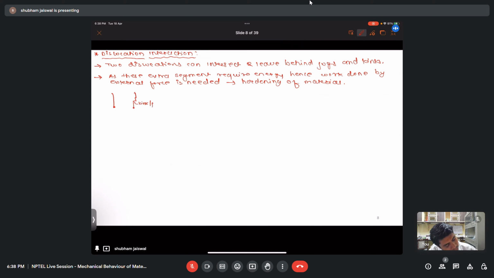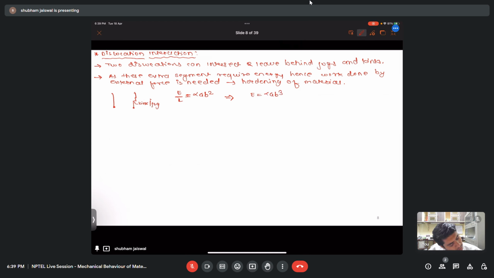So let's say this is my one dislocation and either a kink or jog is getting formed, so its length is increasing. If the energy per unit length of the dislocation is given by alpha G b square, and if I want to find the energy for this newly formed step, it will be equal to alpha G b cube.